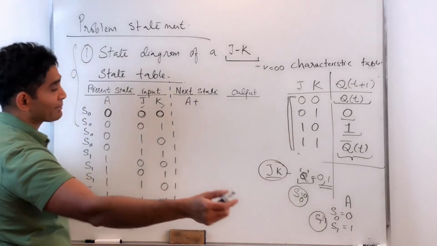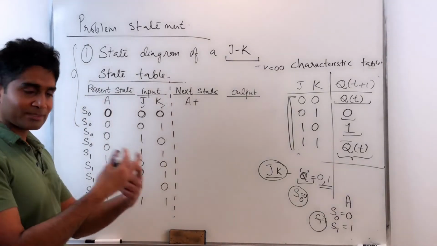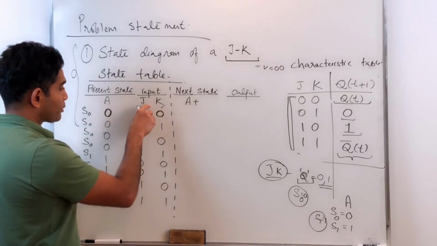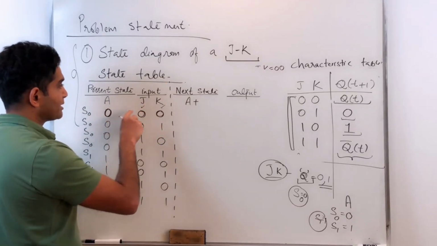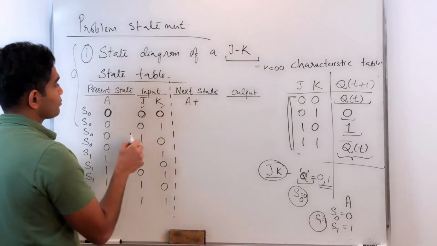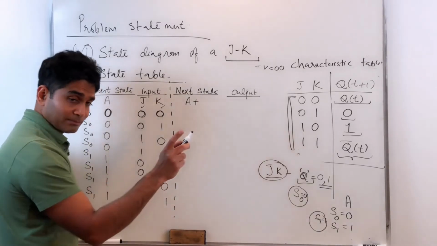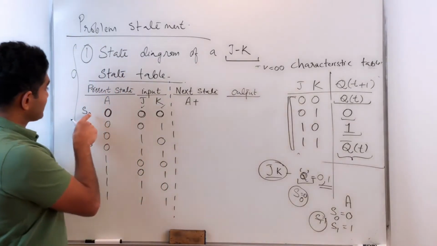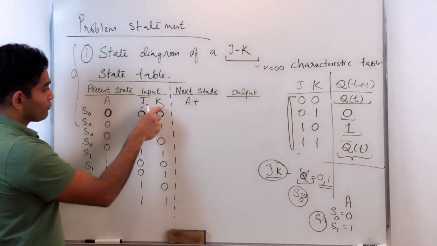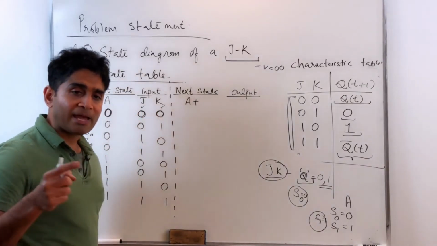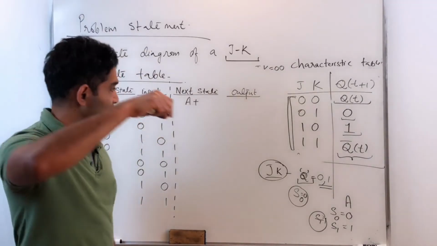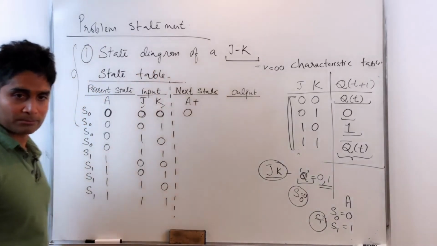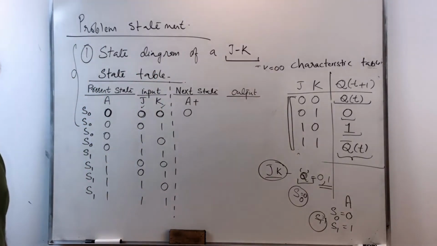From the state diagram, you can read out, based on the transitions, that when I'm in S0 state and an input of 0, 0 occurs, my next state would be the same state, right? If I'm in a 0 state, input of JK equal to 0, 0 occurs, that takes me back to the same state. In other words, I remain in the same state, 0. Does that make sense?